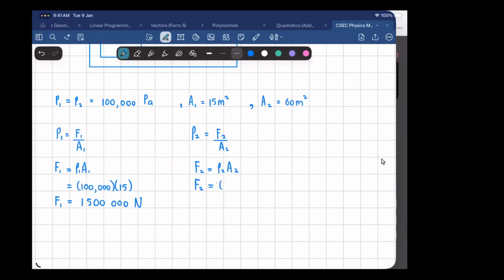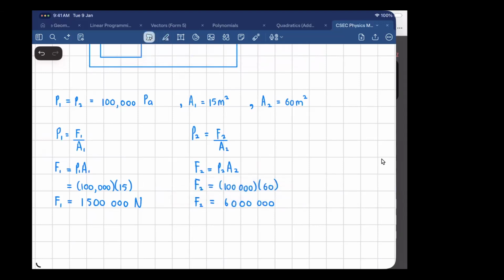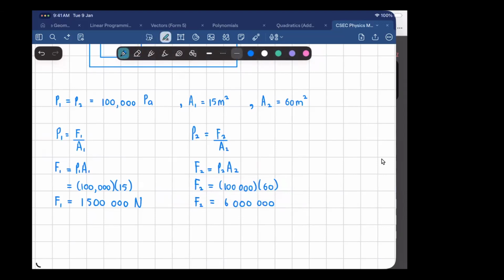We're going to multiply that by the 60. If I do that, I should get 6,000,000. So that's how much? 6 million. 6 million what?